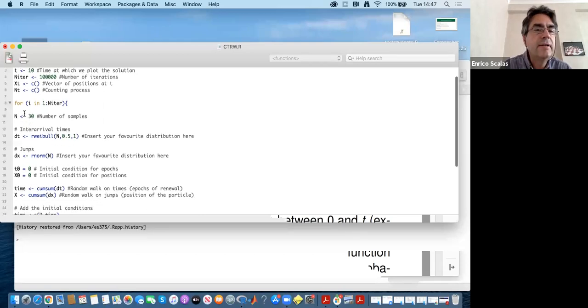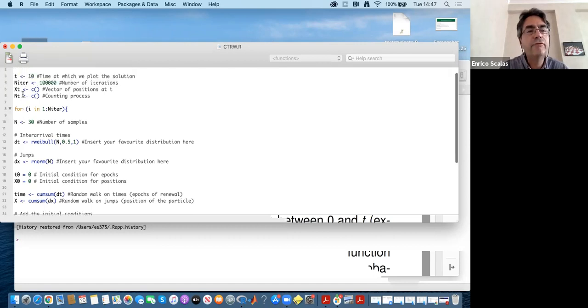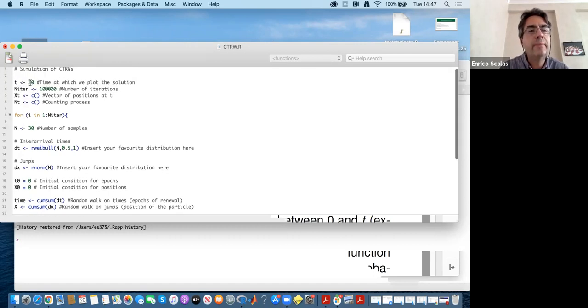And because we are using a Weibull distribution for the waiting time, 30 intervals are essentially always enough to overcome time equal to 10, because the mean of the variable is known. So you can take here a number which is larger than needed, and then you will always overcome the point equal to 10 by summing these.